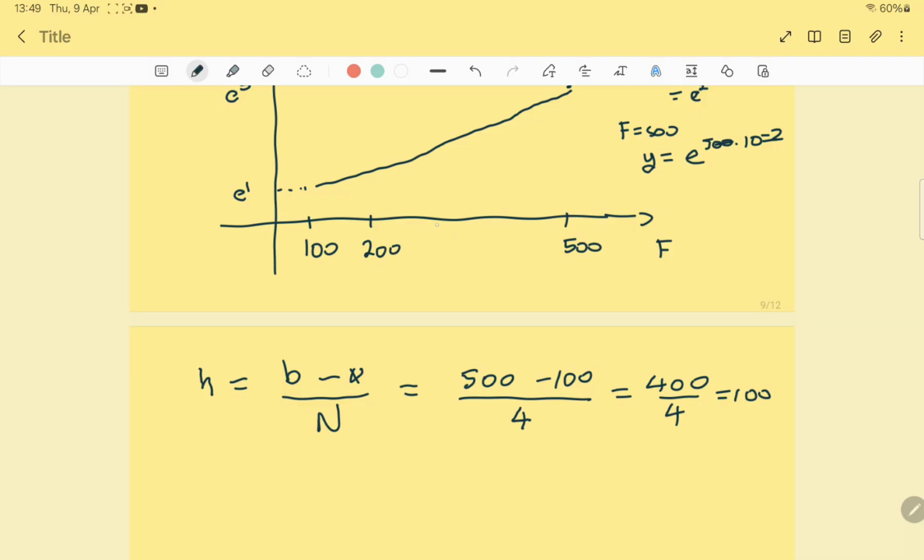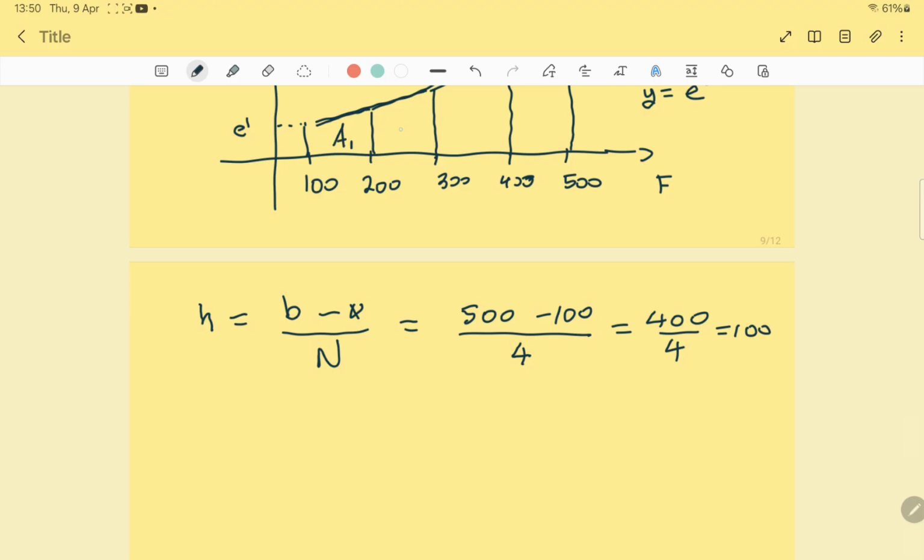So it's 200, 300, 400. I have one trapezium here, one here, one here, and one here. Okay?